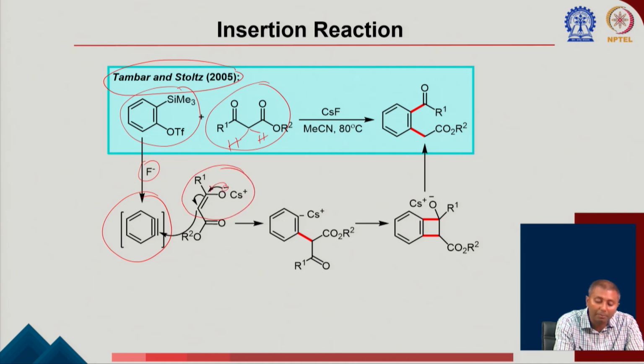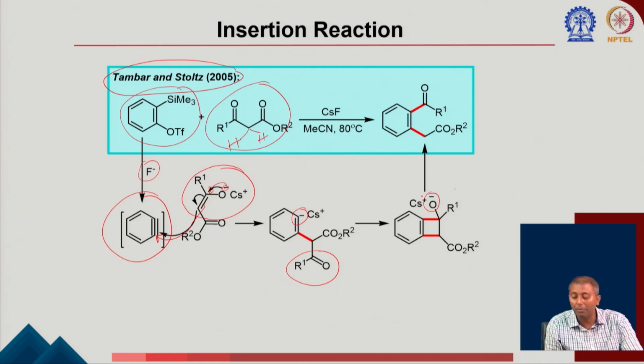This minus is going to come back here, going to attack through the carbon, forming this carbanion here. Now that can attack the corresponding carbonyl group, because there is an ester and a carbonyl. The carbonyl will be more reactive, so it is going to attack here, forming this O minus. Now what is going to happen?